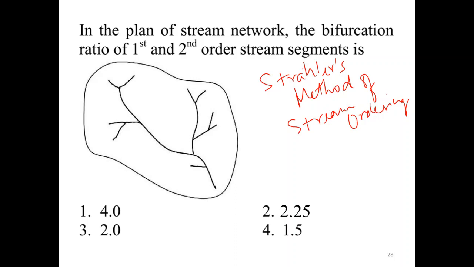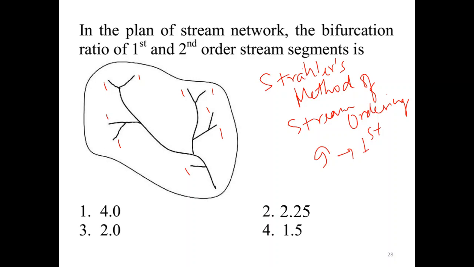Let us order them. First order, first order, first order, first order, first order, first order, first order, first order, first order. So how many first order streams do we have? 1, 2, 3, 4, 5, 6, 7, 8, and 9. So we have 9 first order streams. What about second order?